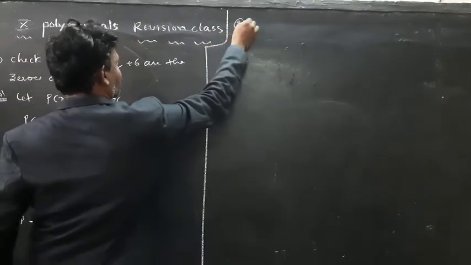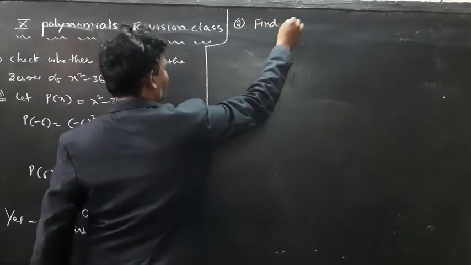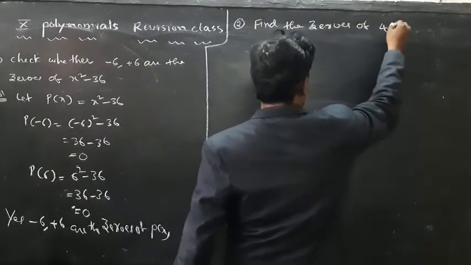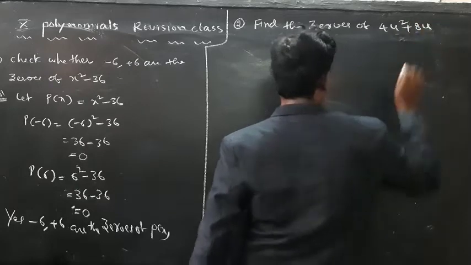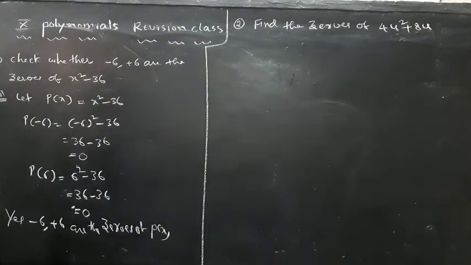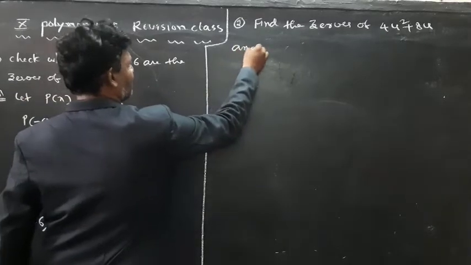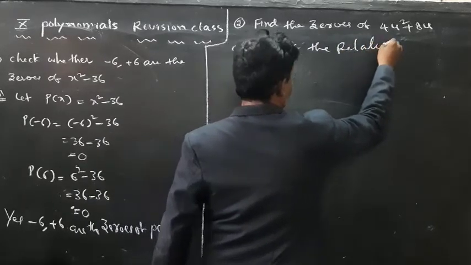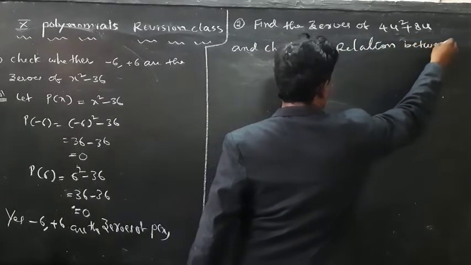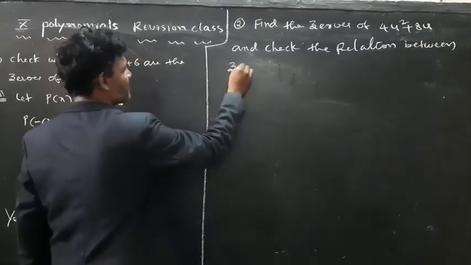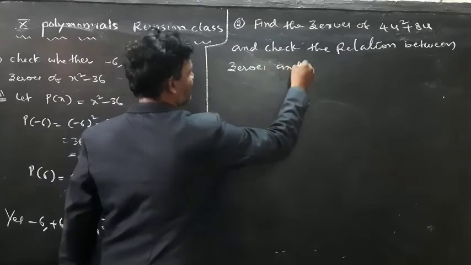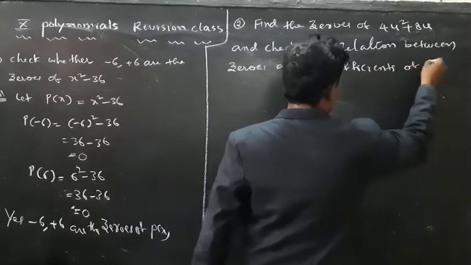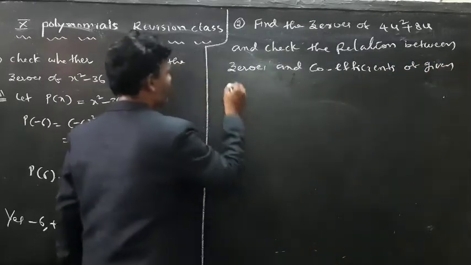So, second question. Find the zeros of 4u square plus 8u and check the relation between zeros and coefficients of the given polynomial.